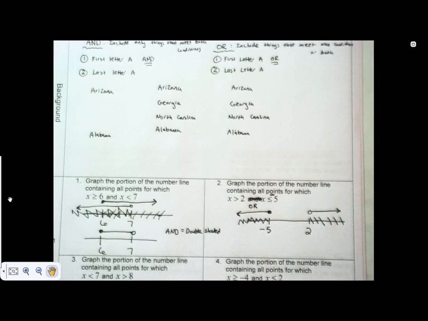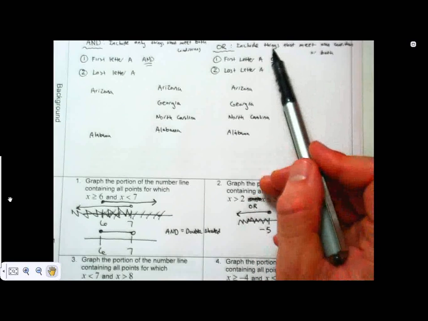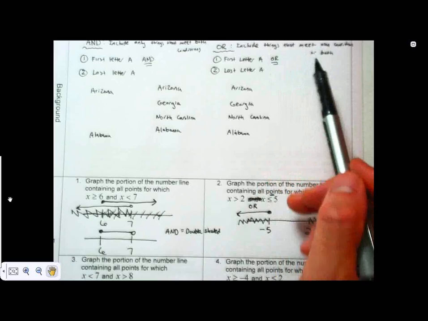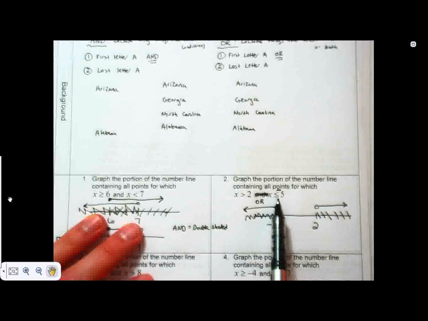And now what I'm supposed to do is to graph a set that combines these two using the word or. Well, what does or mean? Or means that I'm supposed to include things, in this case numbers, that meet one condition or both. So which numbers are greater than 2 or less than or equal to negative 5?